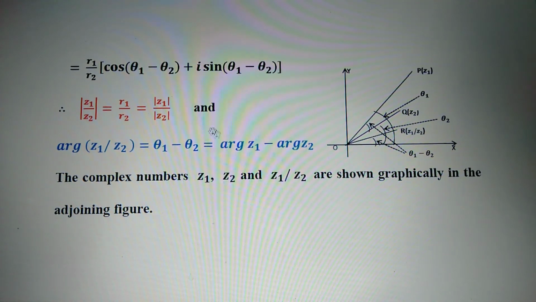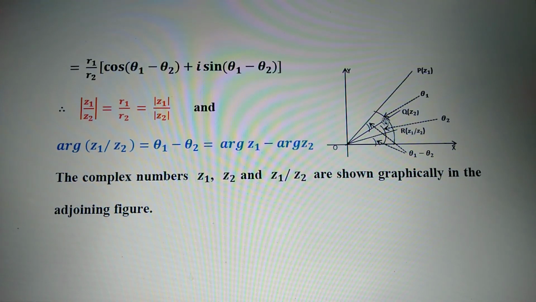Okay, and graphically this Z1, Z2 and Z1 by Z2 are shown here. This point P represents the complex number Z1, meaning this distance OP is R1, and this OP makes an angle theta 1.